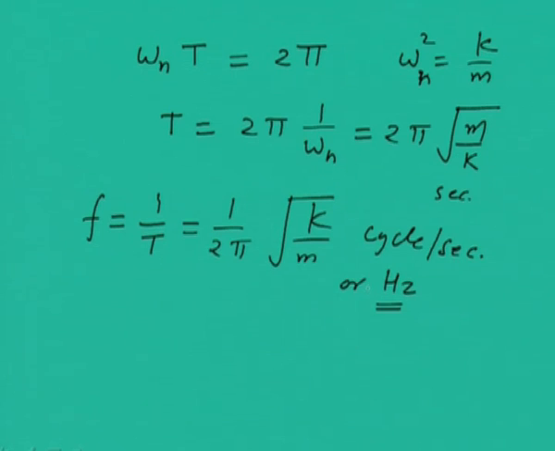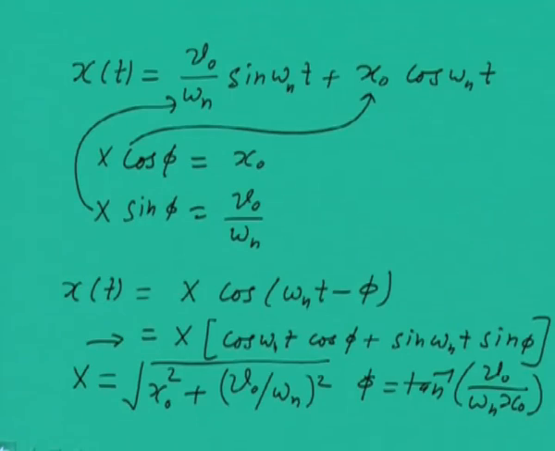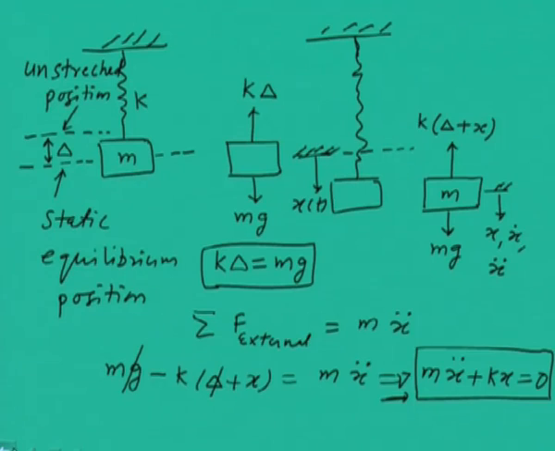And you can see that k by m we can replace in other terms. If we go back to the previous slides, we had the relation k delta is equal to mg. So this can be expressed as k by m equal to g by delta.